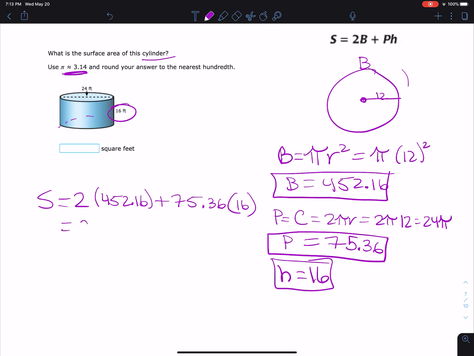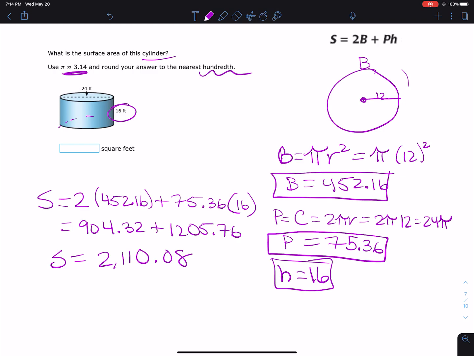That gives me 904.32 plus, 75.36 times 16. That gives me 1205.76. Now I just simply add those together. So my surface area here is 22,110.08.